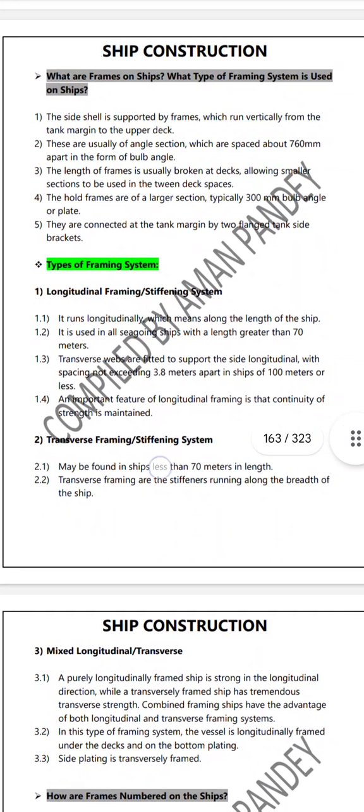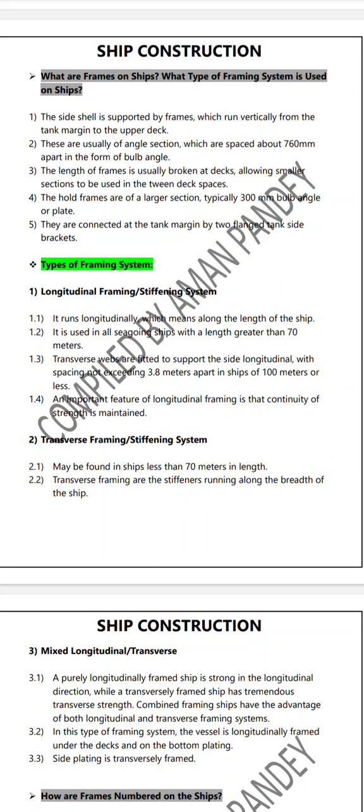So now what are the frames? Basically the shell plating is supported by the vertical frames, transverse frames, longitudinal frames, and so on. So these are vertical frames. The side shell plating of the vessel is supported by the vertical frames.